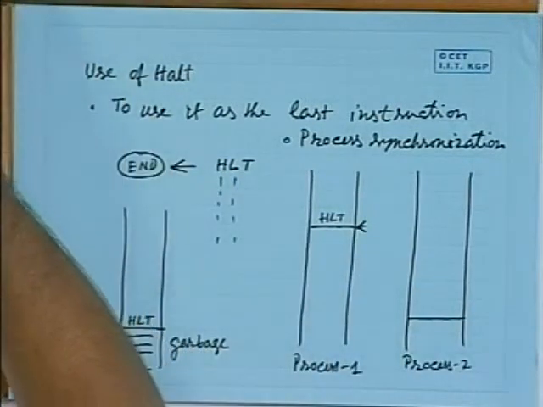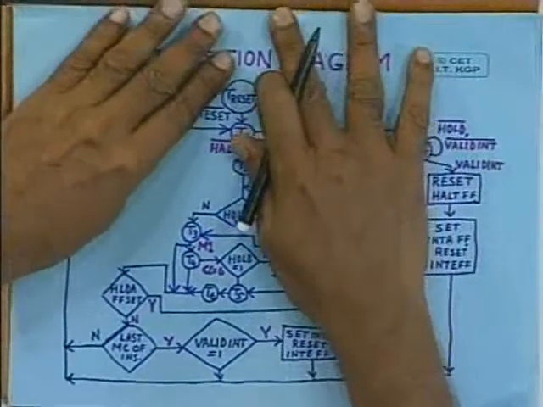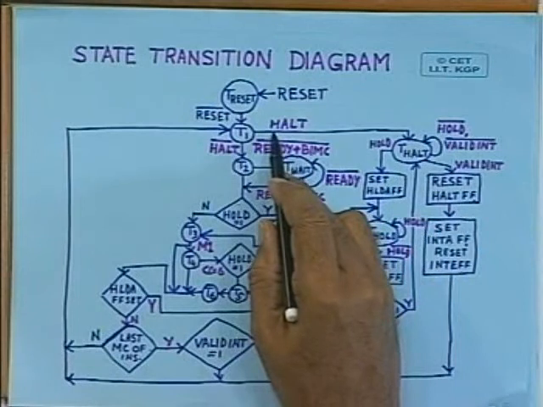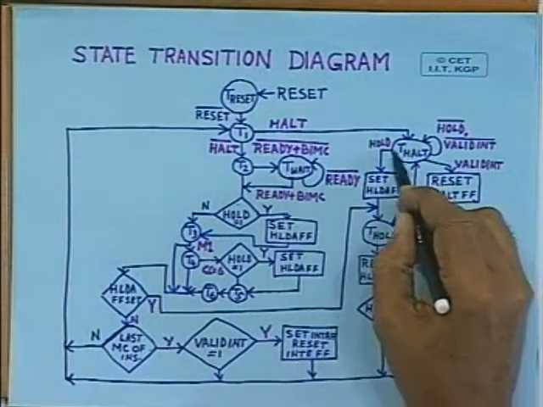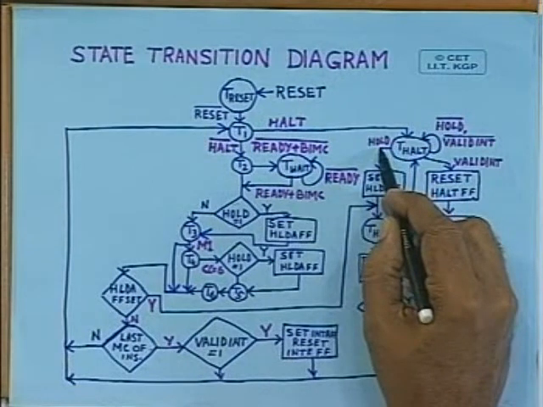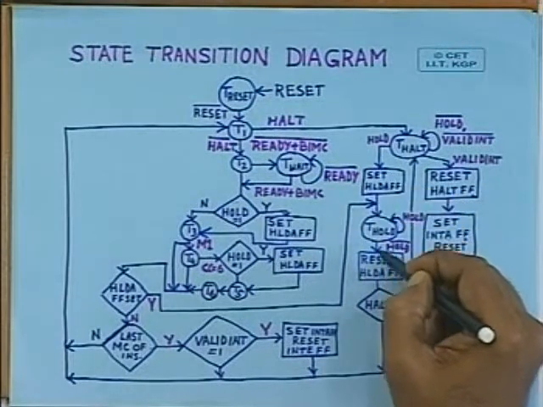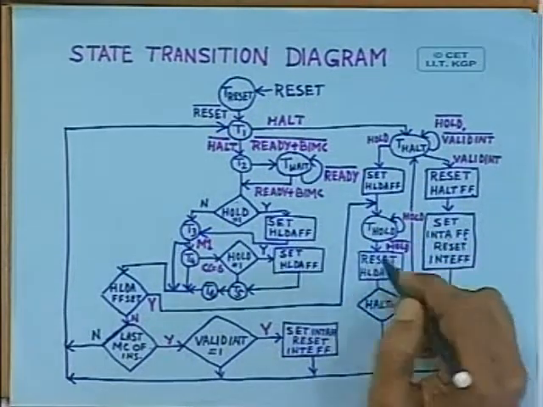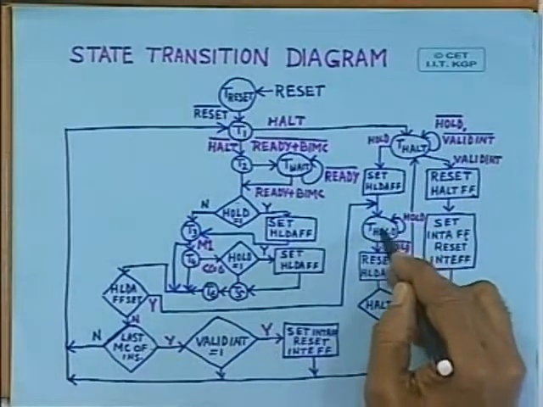As you can see here, you can go back to the state transition diagram. Whenever the microprocessor goes to the halt state because of the execution of halt instruction, then it remains in that state. However, it comes out of the halt state whenever there is a DMA request, there is the hold. After performing this DMA operation, the data transfer, as long as it remains in the hold, the DMA mode of operation takes place.